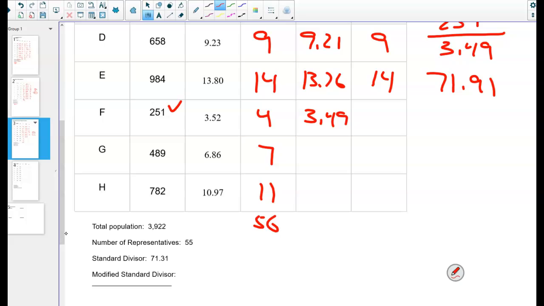This is a 3.49, so it stays 3. 6.84 is 7. And 10.97 is like 10.95. And we'll keep that at 11. And that gets me at 55.